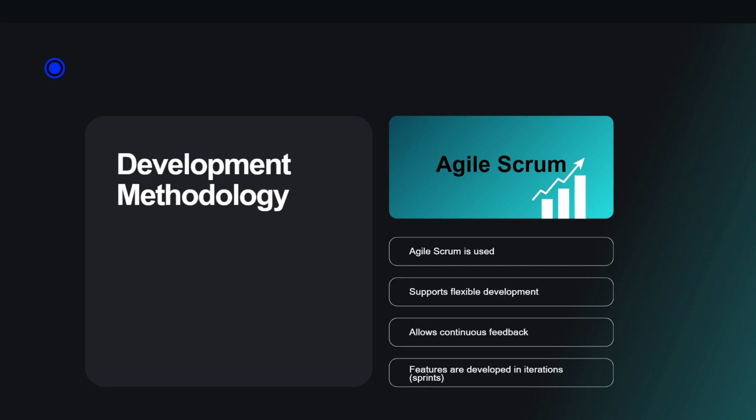So Agile Scrum is very suitable because it's flexible. Agile allows us to work in small iterations called sprints, receive feedback regularly, and improve the system step by step. In every step we can have meeting agendas and be clear with information between the team members and between the departments. Also with the customer requirements, we will improve our system in time.